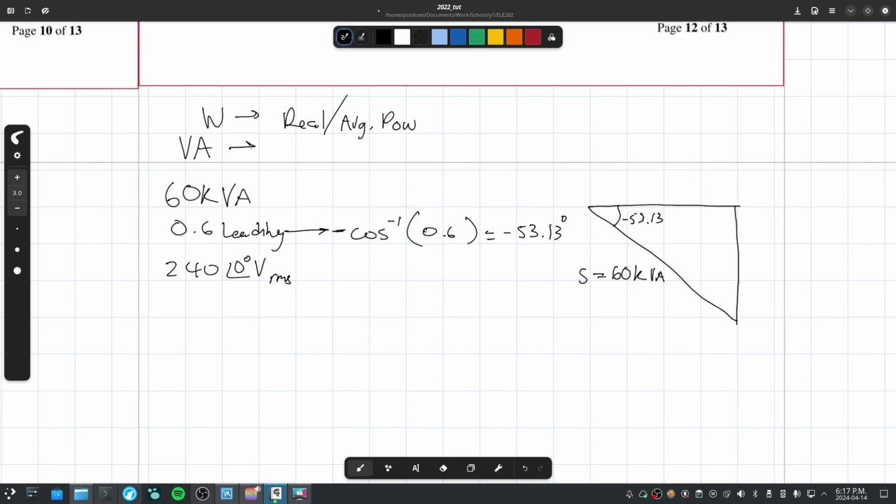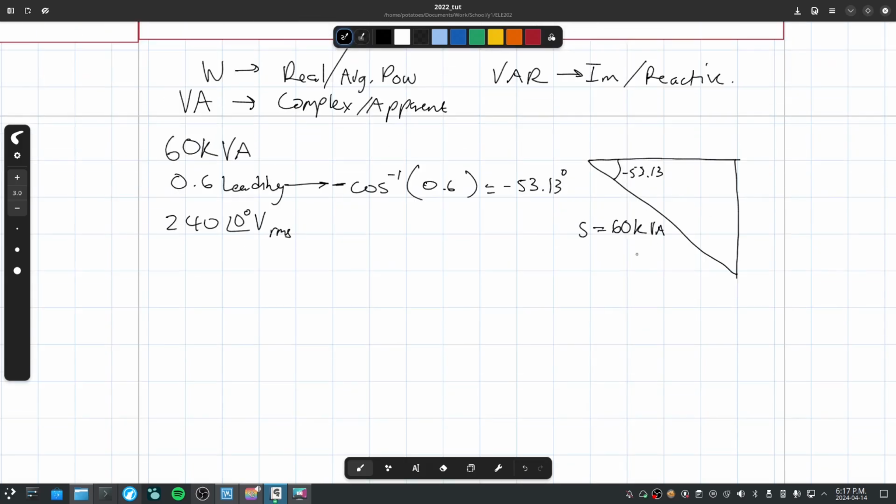Volt-amps is the complex, or the apparent power. And volt-amps reactive is the imaginary power, or the reactive power. So just remember that, right? You kind of have to. There's not an easy way to remember, in my opinion.